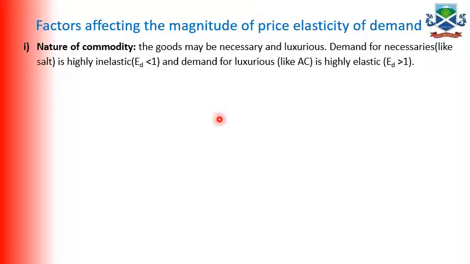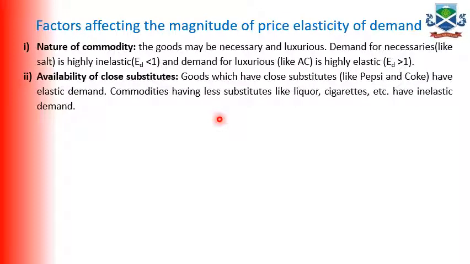Whereas for a luxurious commodity like a car, AC, etc., with a small change in price, people will demand less of the commodity, which means demand will respond more, and that's why it is greater than 1. So that's the nature of the commodity.